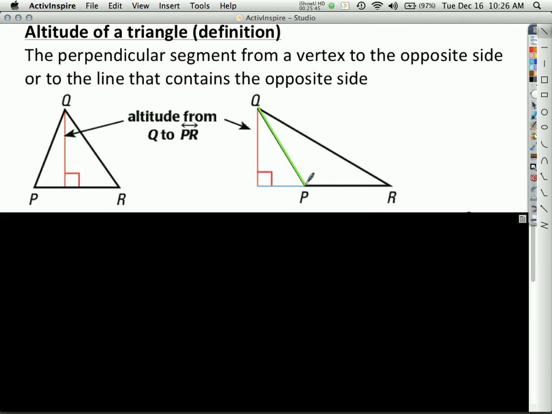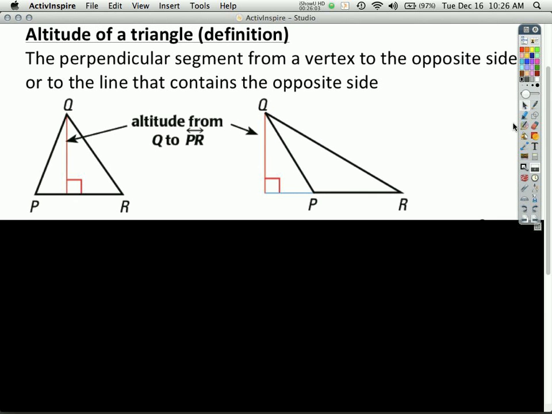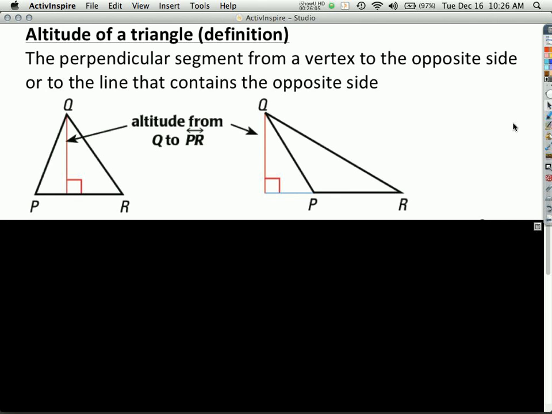So unfortunately, the only way to find the altitude is if we go outside the triangle and have it perpendicular to basically an extension of this side. So the idea of an altitude can get pretty confusing because some of them are outside of the triangle. Not only that, we are often going to draw 3 altitudes, and it can get very overwhelming.